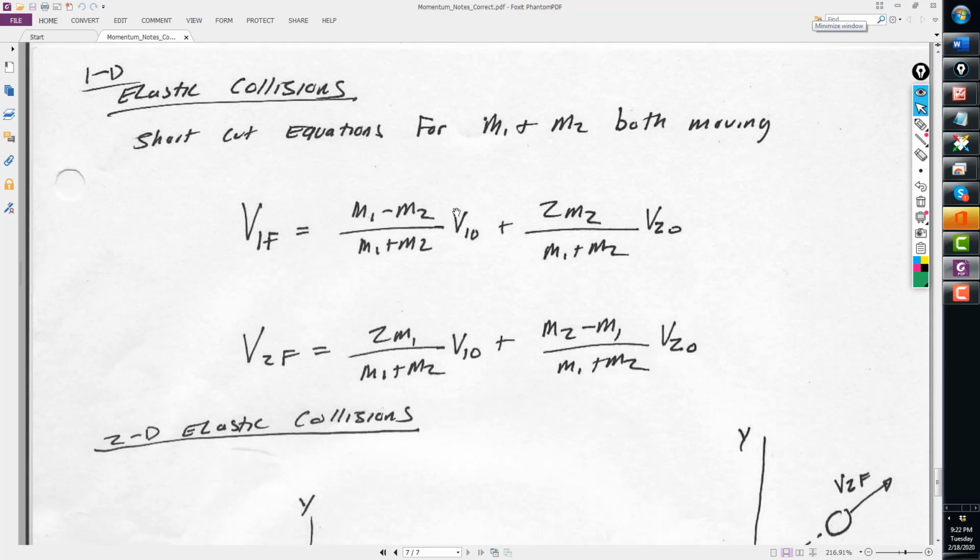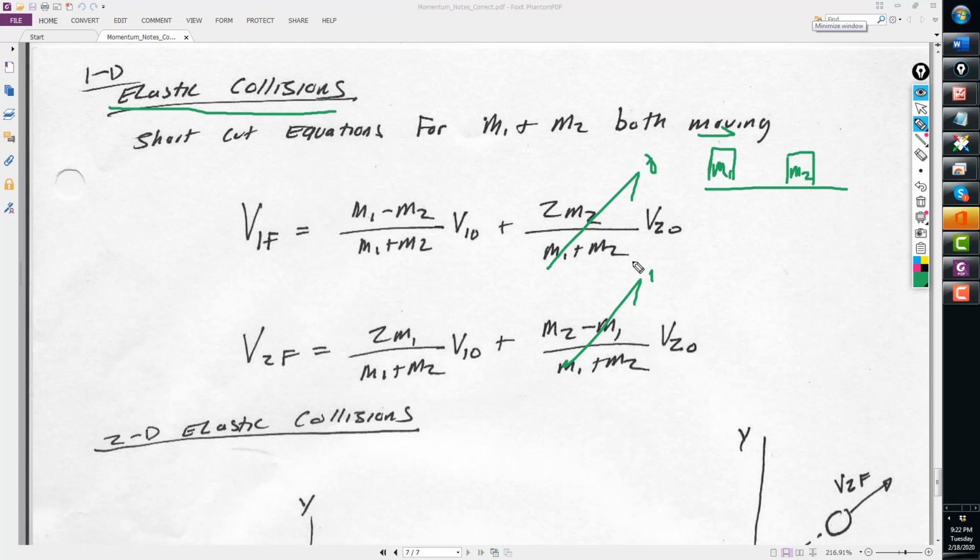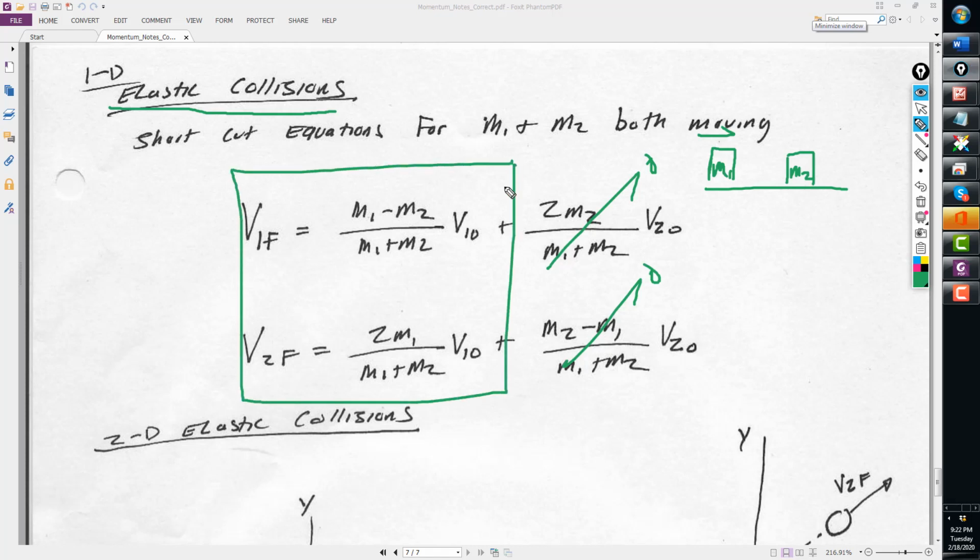Okay, so let's talk now about 1D elastic collisions, but let's just say that mass 1 and mass 2 are both moving. So the situations we just saw, mass 1 was moving and mass 2 was at rest initially. Remember that? So in that situation, there was no V2 initial. So those are the equations that I just gave you a second ago.